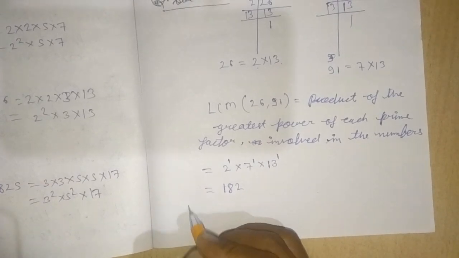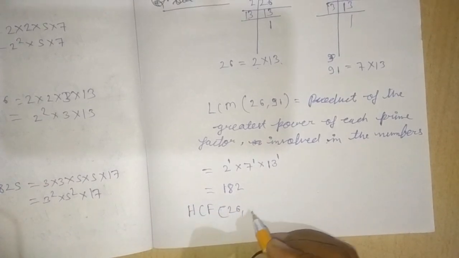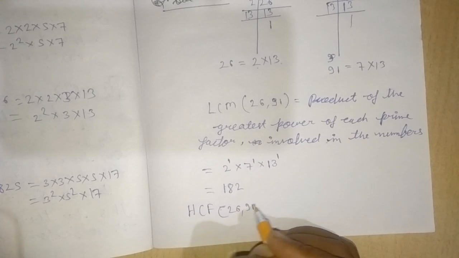Again we will take out the HCF of 26 and 91.